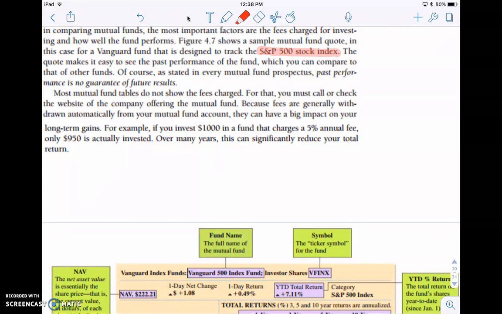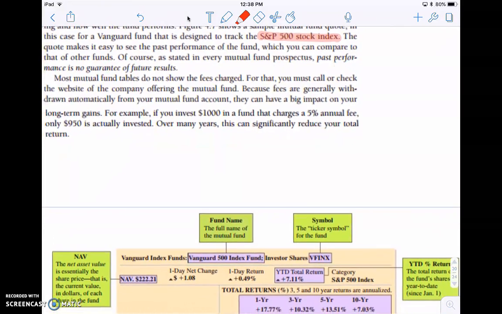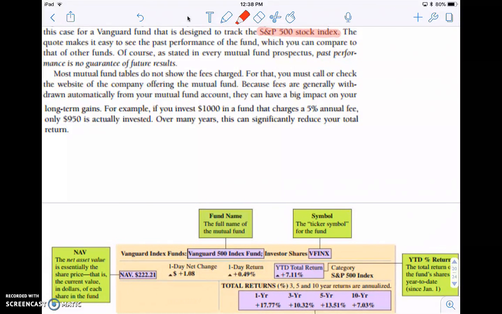And so the quote here makes it easy to see the past performance of the fund, which you can then compare to other funds. And of course, with every mutual fund, the past performance does not guarantee the future results. So just because something did well or poor in the past does not mean it's going to do well or poor in the future. It just gives you an idea.